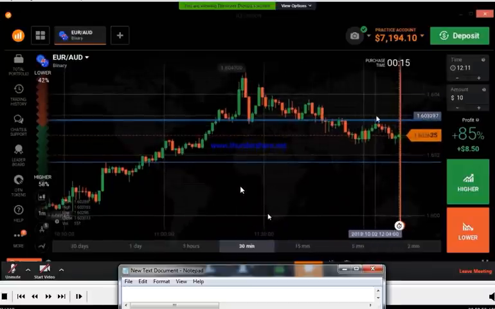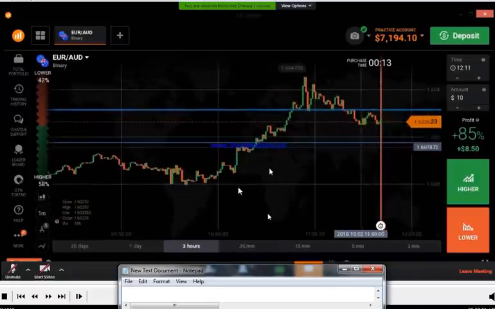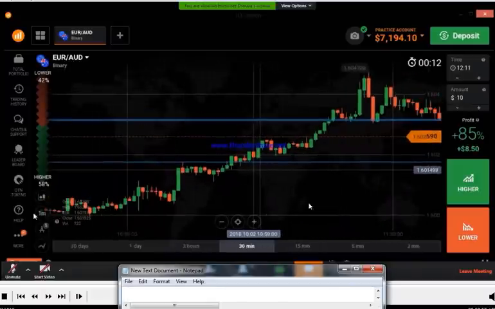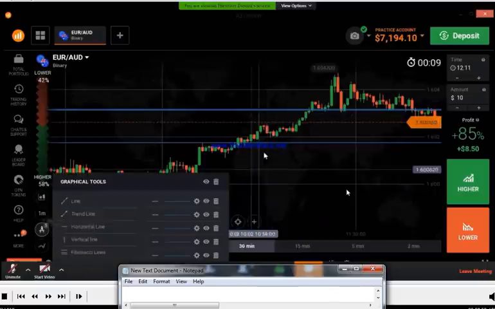You can trade on the same level again. So always trade in the direction.